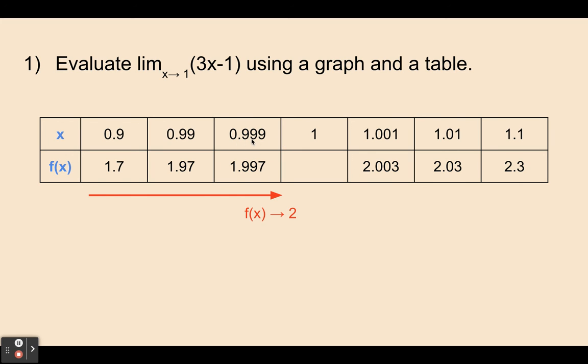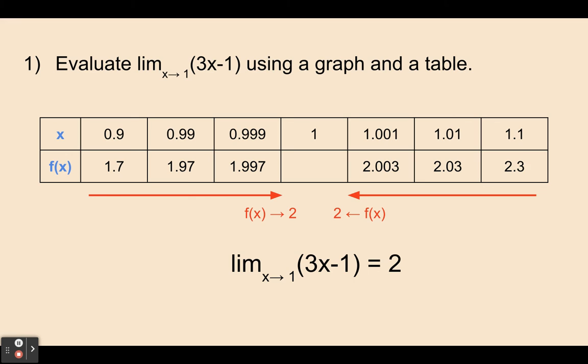Maybe do 0.9999. As I come down to x equals 1, it looks like the y values are also approaching 2. Since the behavior left and right matches up, and both y values approach 2, the limit of this function as x approaches 1 is 2.